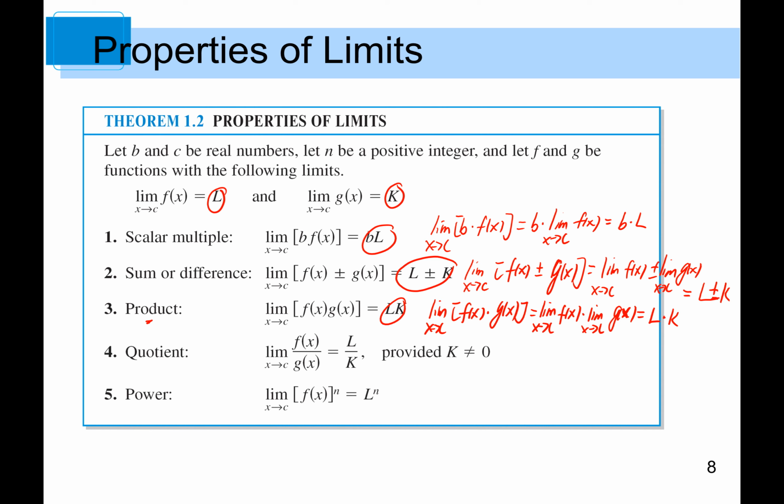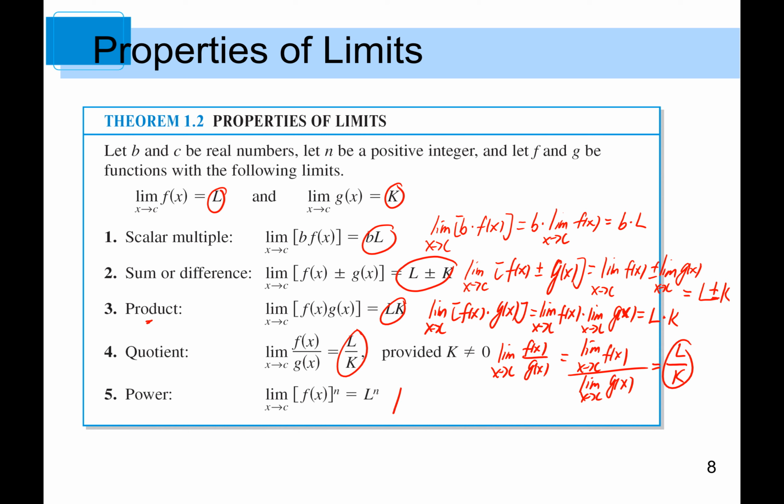Similarly for the quotient, you can just separate into two limits, one on top, one on bottom. So the limit as x approaches c for f of x on top divided by the limit as x approaches c for g of x, and it becomes L over k. Okay, that's the same thing.